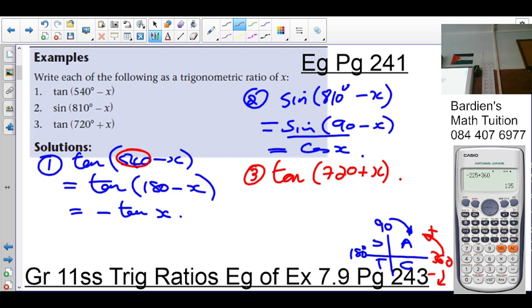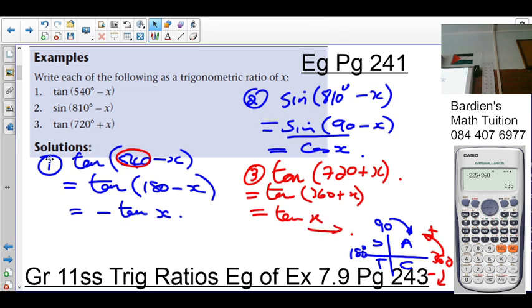So it's going to be tan of 360 plus x, which is tan x. The examiner that set this one up like that, I would have put a cos there, to be even. You must be fair with all your trig ratios. You guys understand? Right, let's carry on.